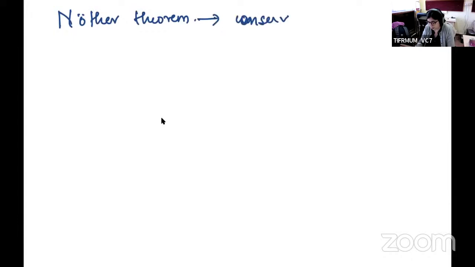if you recall the Noether theorem, this tells you that there is a conserved current corresponding to every global symmetry, right?